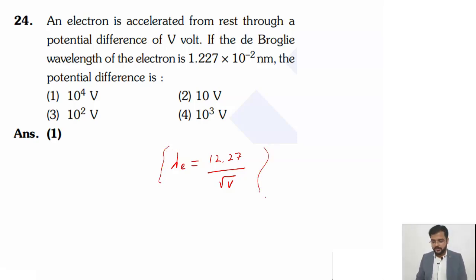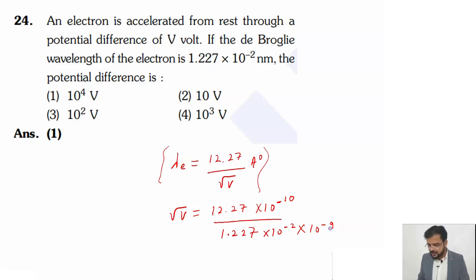This formula, see, when the electron is accelerated, then the de Broglie wavelength will be this. So here, under root V equals to 12.27, this is in angstrom, so we have to multiply with 10 raised to minus 10, divided by lambda, and lambda is 1.227 into 10 raised to minus 2, and this is in nanometers, so it will be 10 raised to minus 9 here.